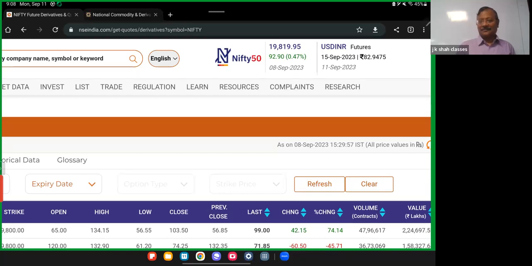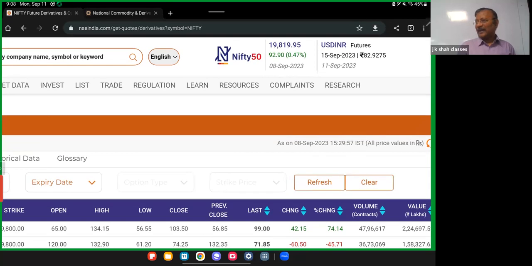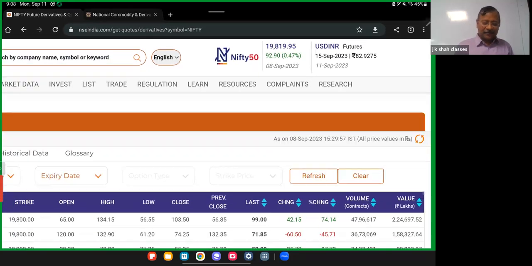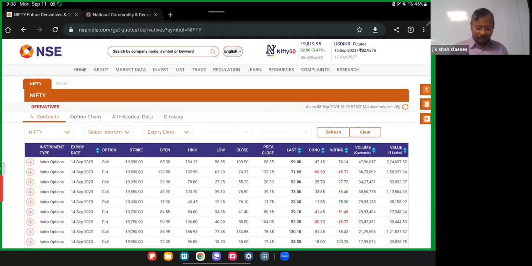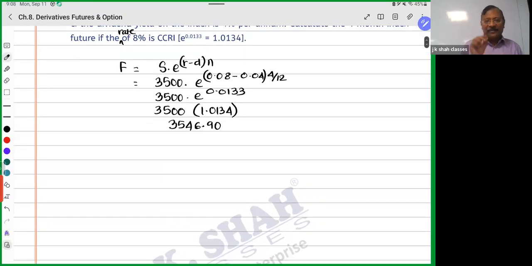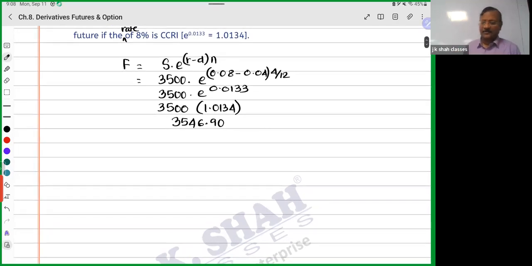How would you read this? Not the way the institute teaches us, 1 rupee equal to 82. Left to right, $1 equals to so many rupees. This is how it is. But anyway, chalo. Okay, 5 minutes, and then we'll dhire dhire get into these advanced problems. Okay, just 5 minutes and then we'll see.